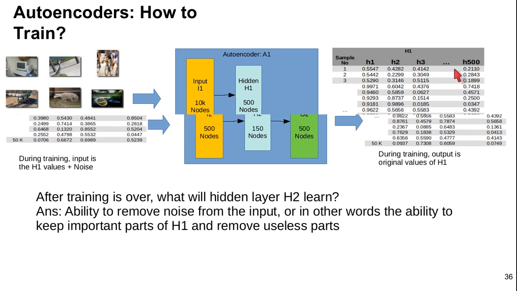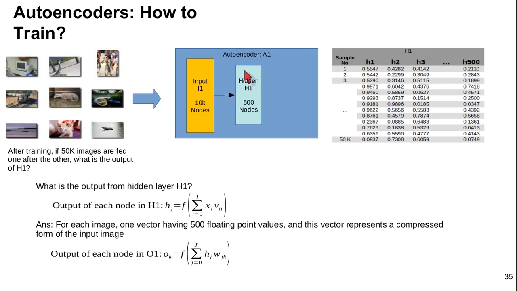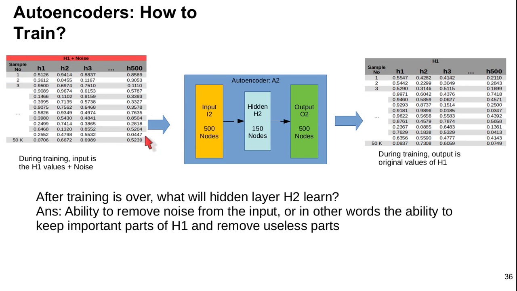So for instance, this table, which is the expected output of autoencoder A2, is the same as this table. And this table is this table with noise added to some of the columns.